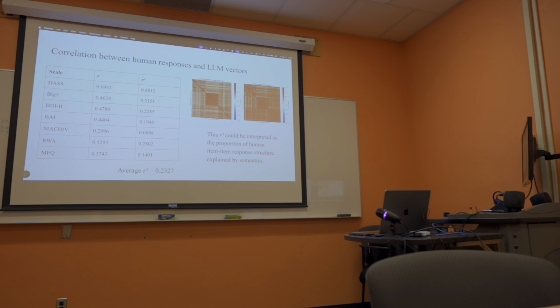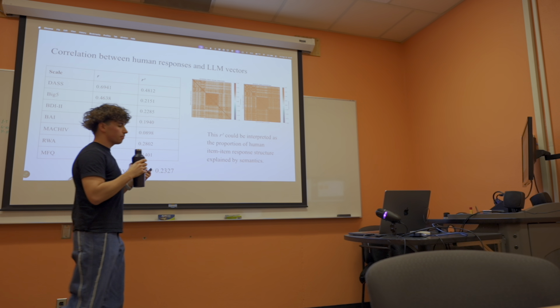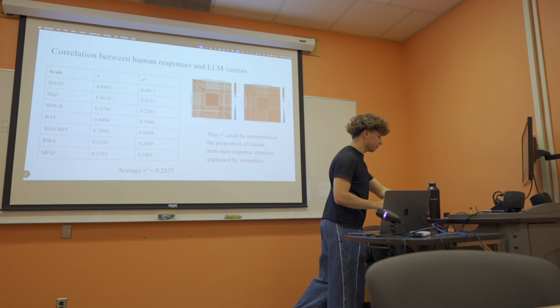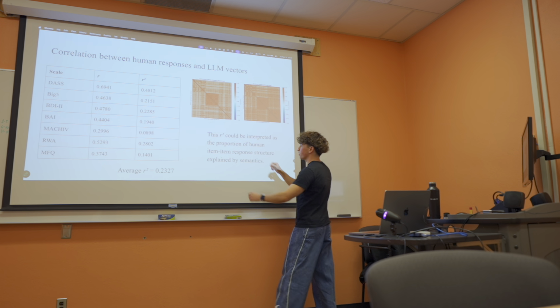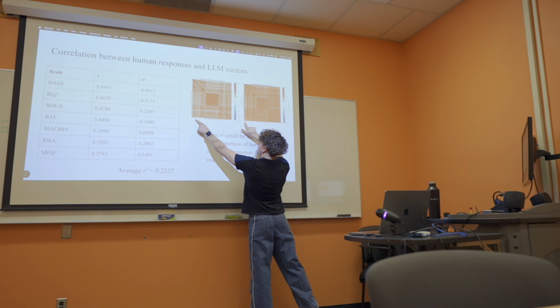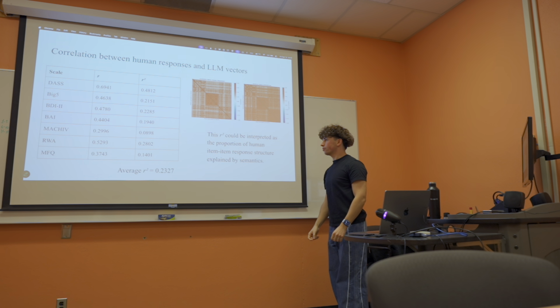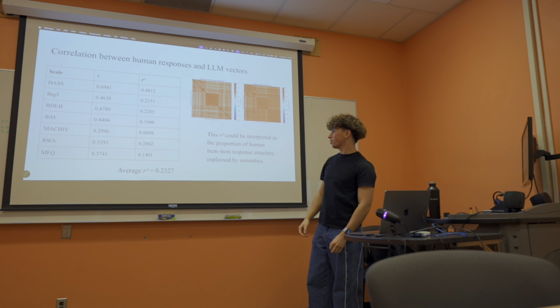Another question I have is, what is the correlation between the human responses and the embeddings directly? What we're doing here is we correlate each pixel with each pixel. So these two correlate, you can correlate these two as well, and so on for the entire triangle. These are correlations for each, between about 0.29 and 0.69, and the R squareds are there as well.